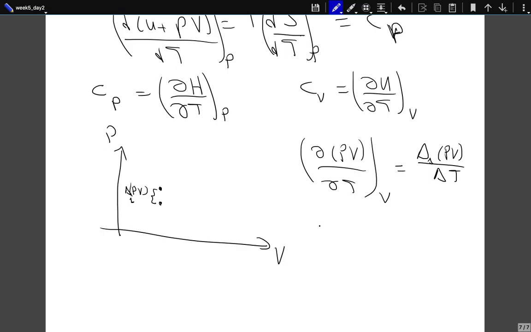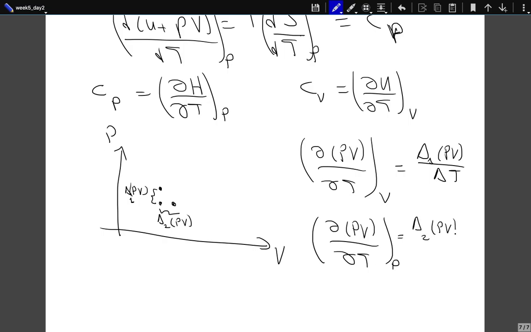But let's also compare it with del PV by del T at constant pressure. How do I calculate them? I take this point, I take a nearby point at constant pressure, and I look at this one. This is my delta 2 PV, divided by delta T. Let's say this is delta 1 T, delta 2 T. So when I'm looking at these differences in PV, I'm not taking the same two states.